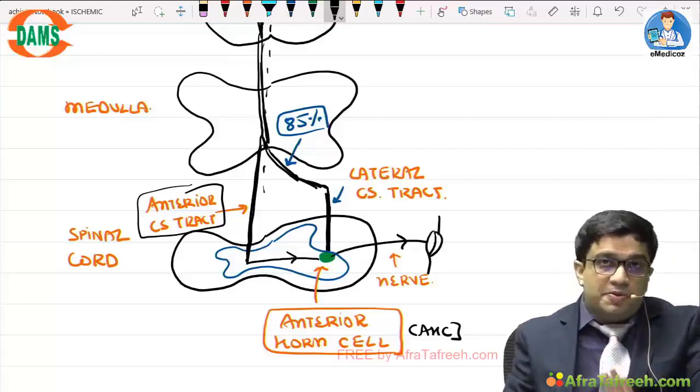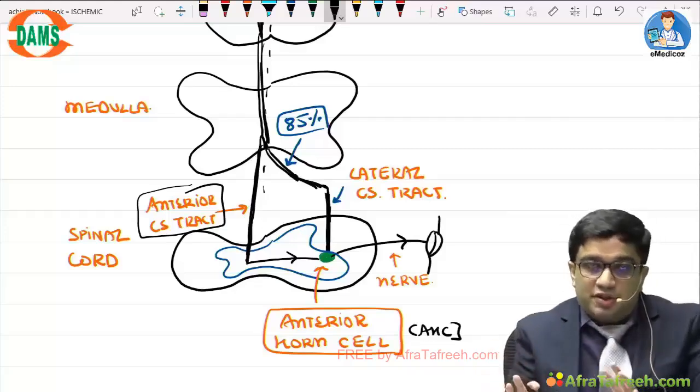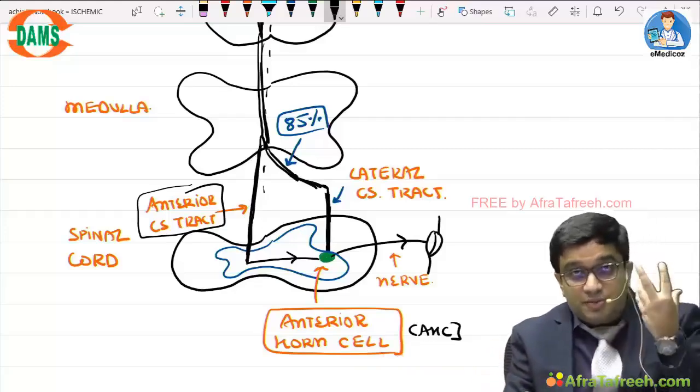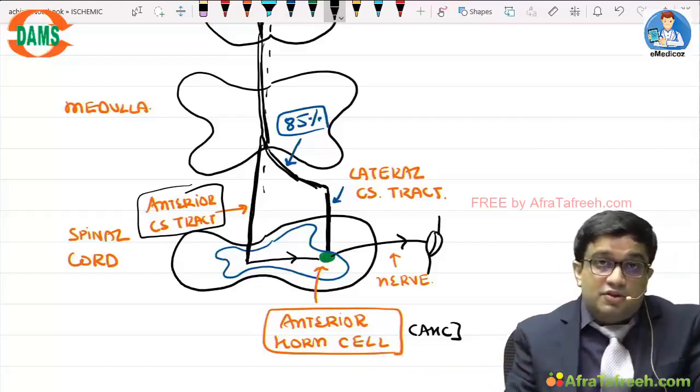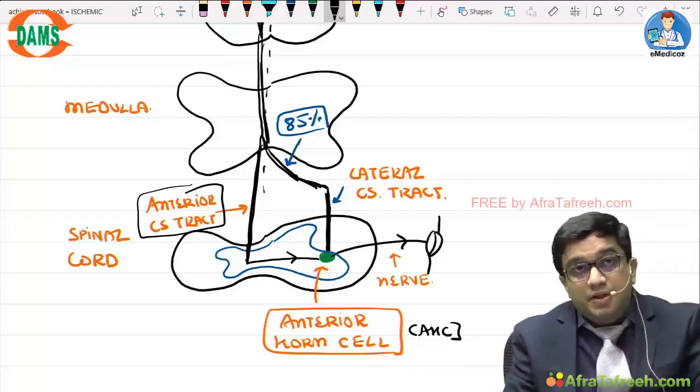So corticospinal, be it lateral, be it anterior, is going to supply the opposite half, in the sense that the origin of the impulse is always from the contralateral side of the brain.